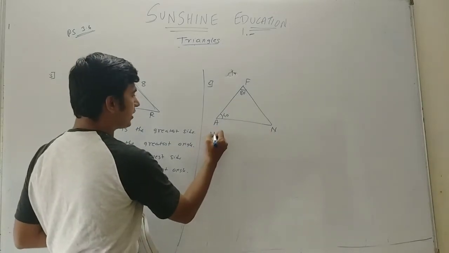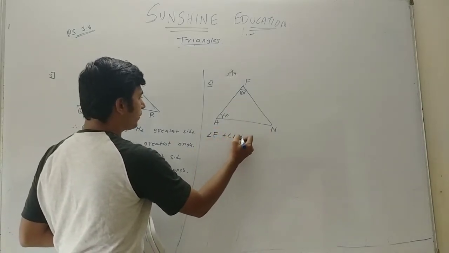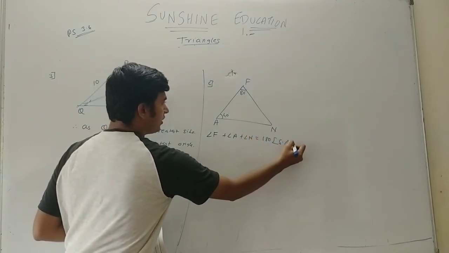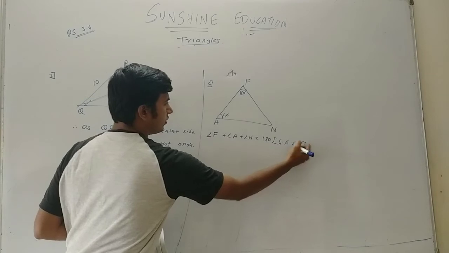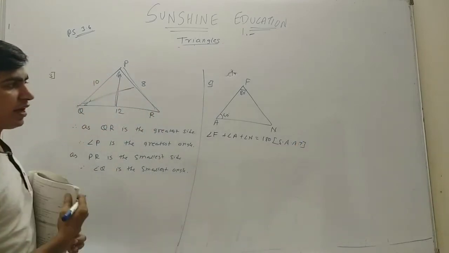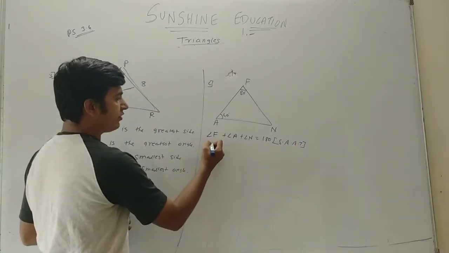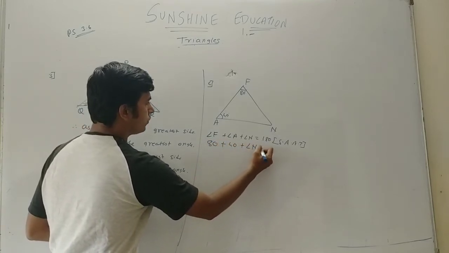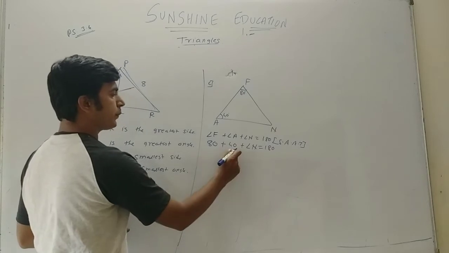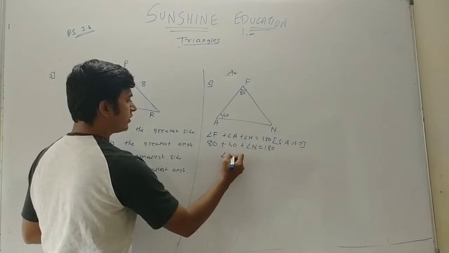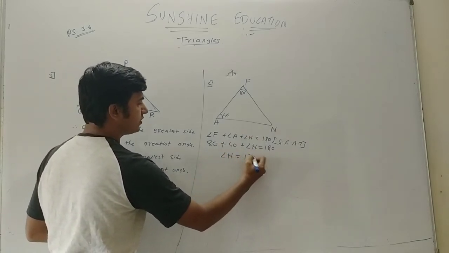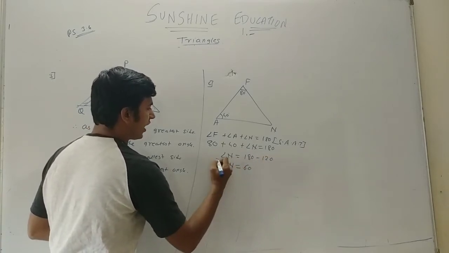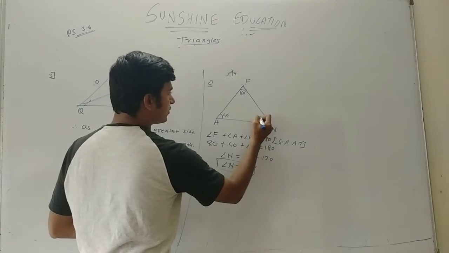Angle F plus angle A plus angle N is 180, sum of all the angles of triangle. Angle F is 80, A is 40, angle N I don't know. 80 plus 40, 120 will go there. So 180 minus 120 is 60 degrees. So angle N is 60 degrees.